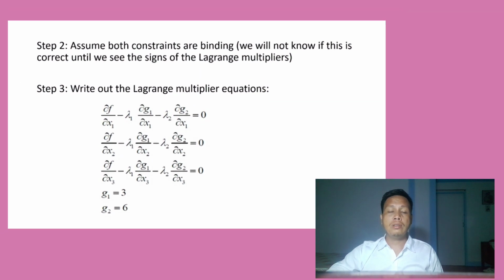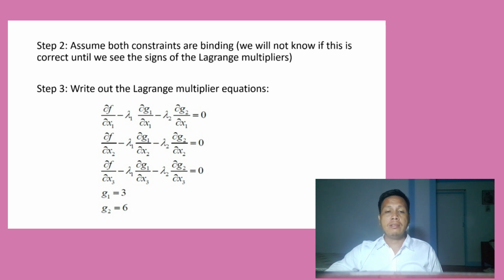Step 2, assume both constraints are binding. We will not know if this is correct until we see the signs of the Lagrange multipliers, whether they are positive or negative.